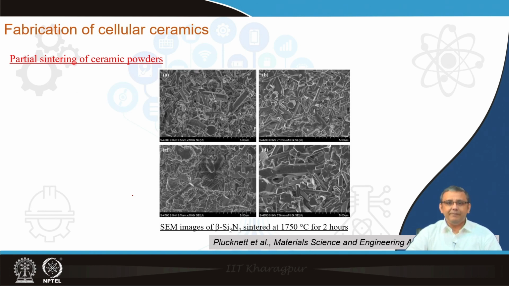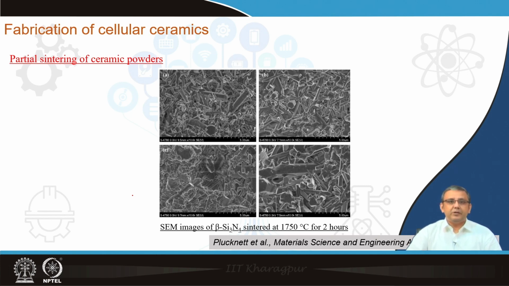There are many literature articles where porous ceramics have been fabricated using this partial sintering technique, and an example is shown over here where beta silicon nitride was sintered at 1750 degrees Celsius for 2 hours. That gives elongated pores, and a high amount of interconnecting pores between the individual elongated beta silicon nitride particles.